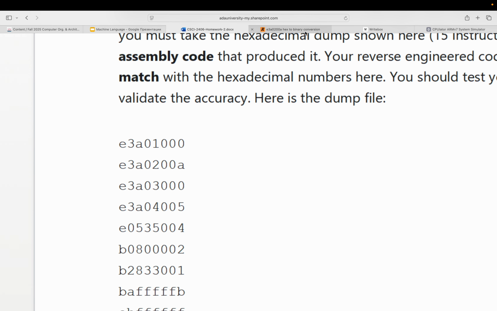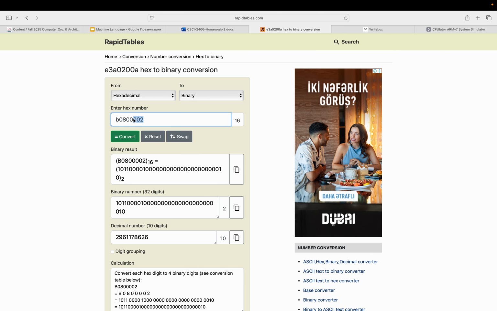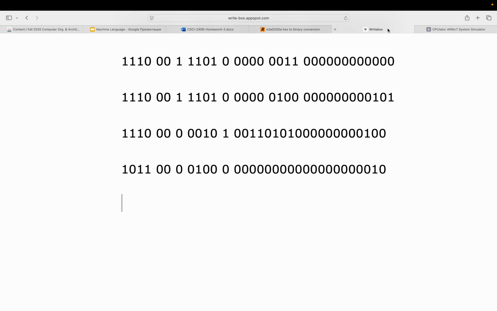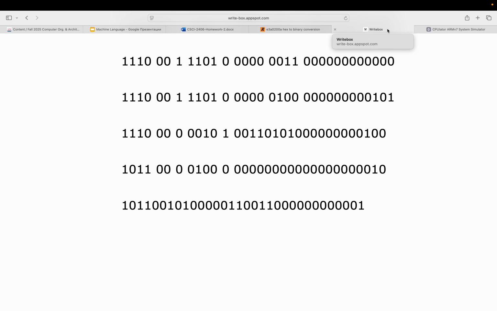Okay, so let's write it down. It is B2833001. Yes, so this is our value. Let's copy and paste it and see what happens. This one is basically the same as the previous one.